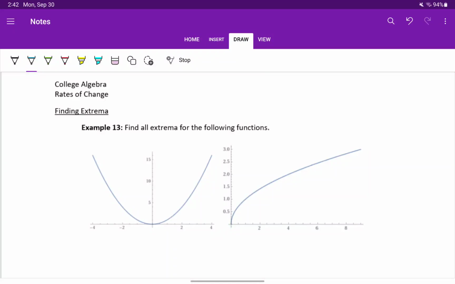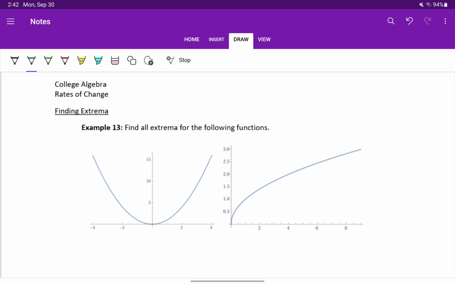Once we begin talking about intervals of increase and decrease, we come up with a very direct method, a way of focusing our attention into finding what are referred to as extrema. Extrema is just a general term to say we're trying to find any maximum values or minimum values that our function takes on.